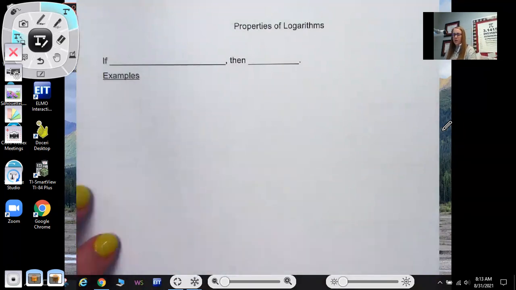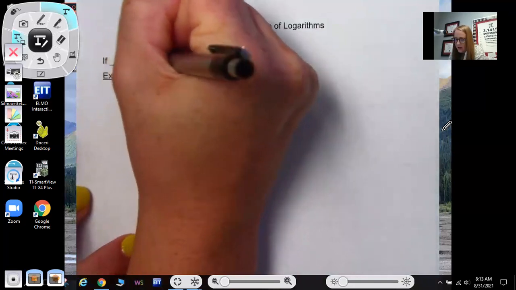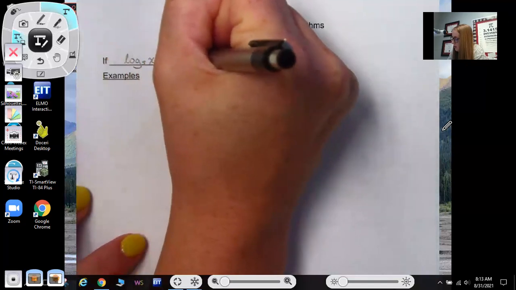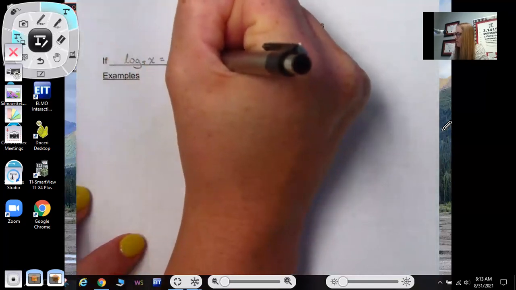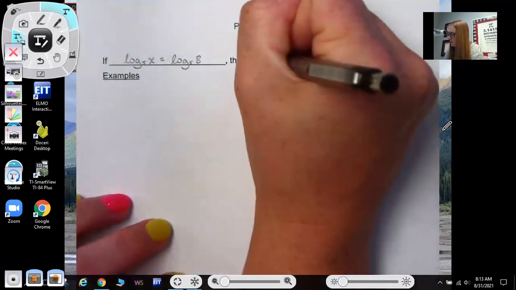The first one says this: if log base 5 of x equals log base 5 of 8, then what does x equal?